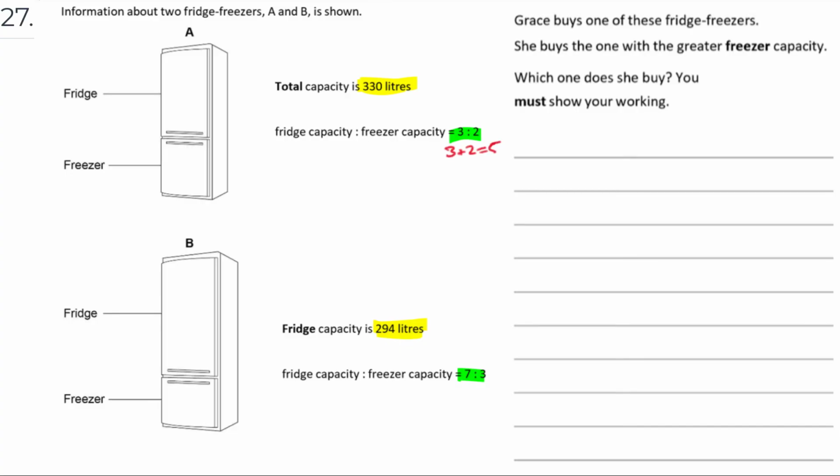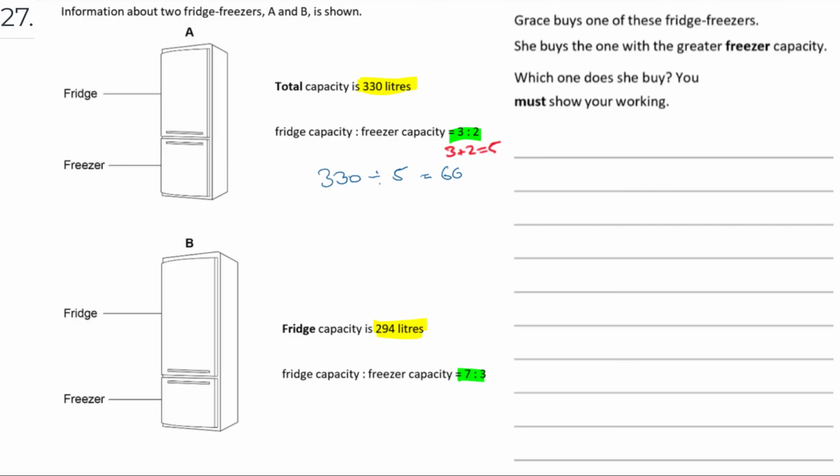That means there are 3 shares and 2 shares, being 5 shares altogether. If you divide 330 by the number of shares, you should find the value of each share. So 330 divided by 5 tells me that the value of each share is 66, in this case litres.